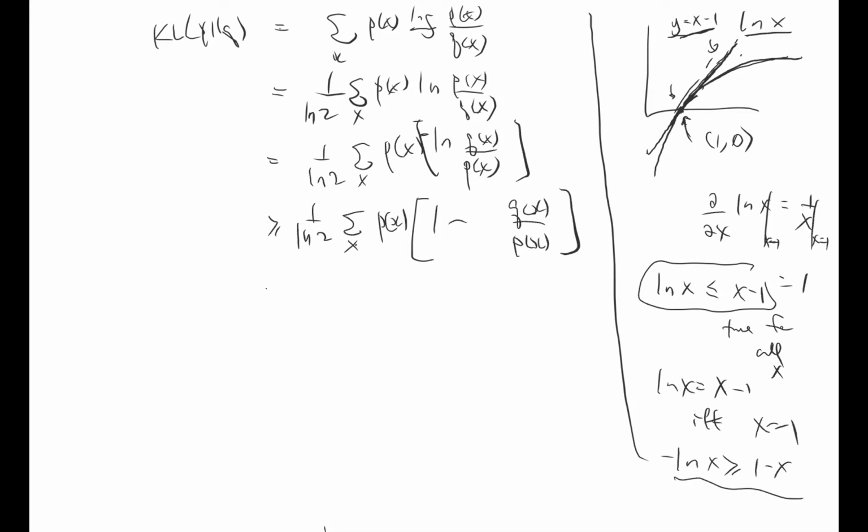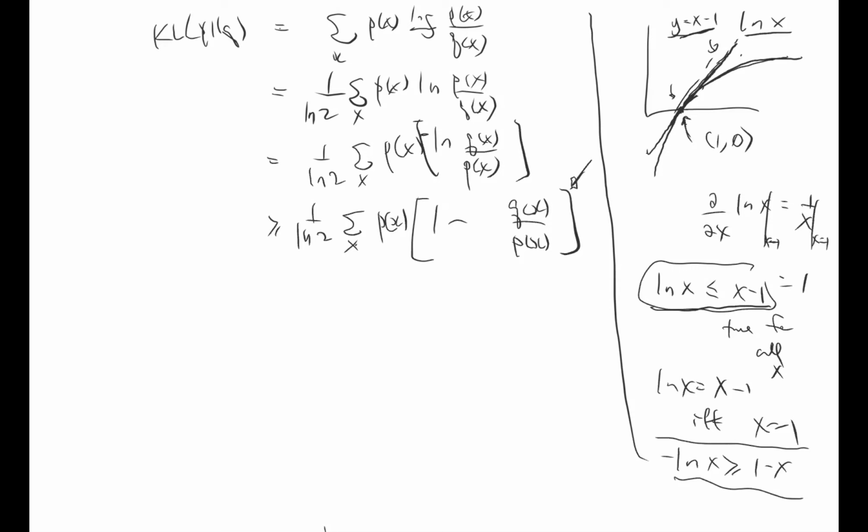So then this will be just equal to log 2. Which part? This part here? Yeah, this is from here. I just showed this inequality here: log x is less than or equal to x minus 1.